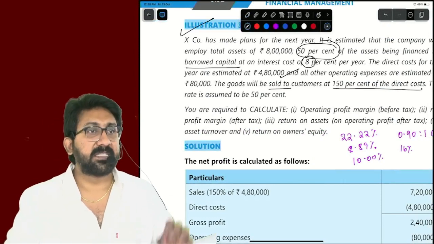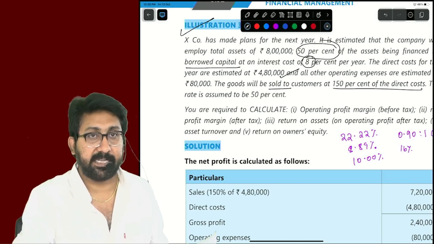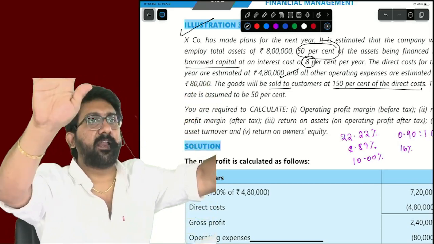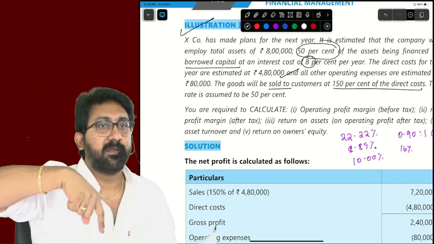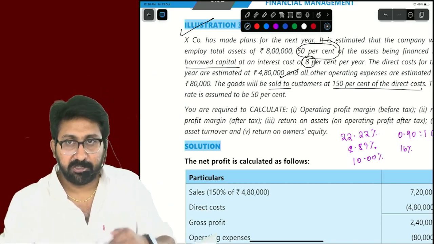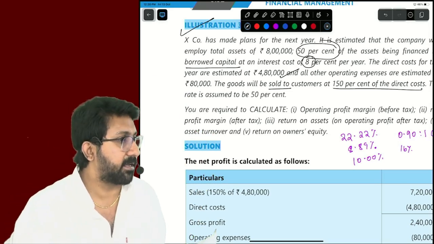So there are 6 big illustrations given in the study material. Totally how many? 6 big illustrations are there. Once you do problem number 1, problem 2 becomes easy. Problem 2 and 1 are done, 3 becomes easy. Like that, once you practice 6-7 questions, all questions in the exam look alike.